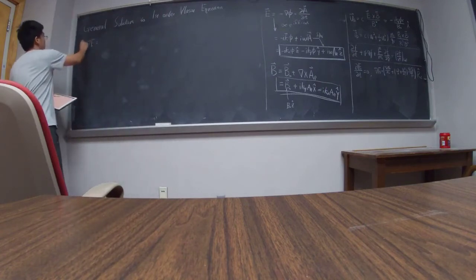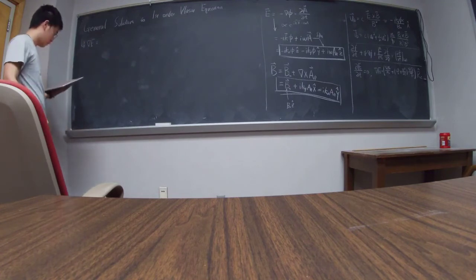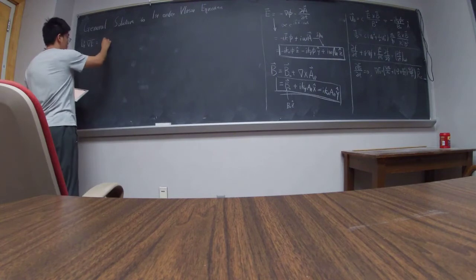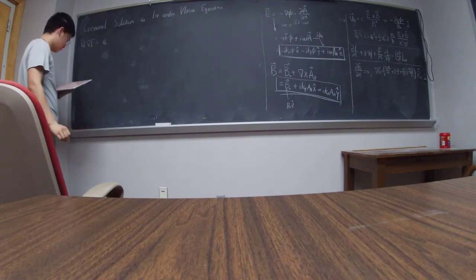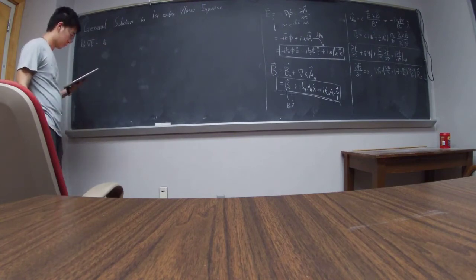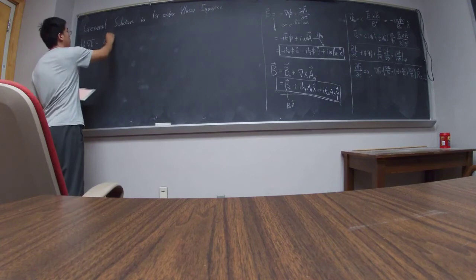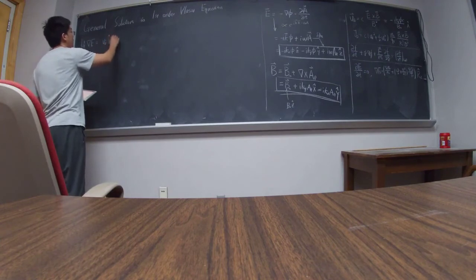So let's study the v parallel del f. So v parallel has a direction of B dotted by R.